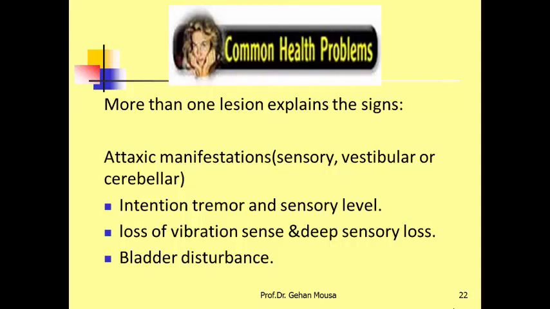May be sensory ataxia due to lesion of the posterior columns, may be vestibular ataxia due to affection of the semicircular canal, or cerebellar ataxia due to affection of cerebellar peduncles or cerebellar lobes. Intention tremors may appear. Sensory level may occur in spinal cord affection.